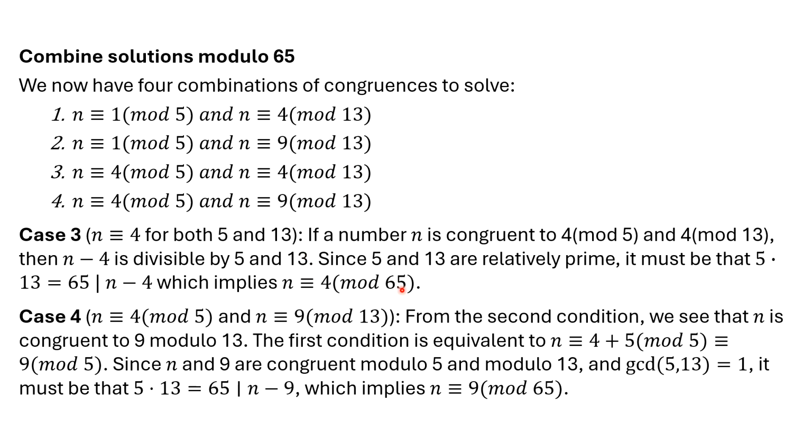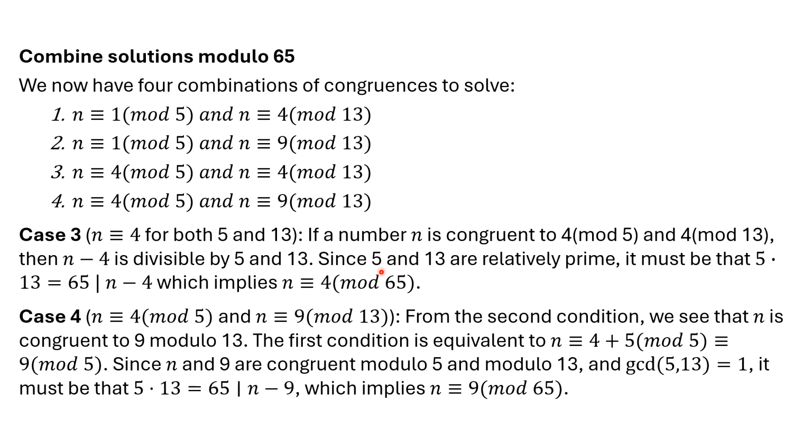And so that gives us that n minus 4 is divisible by both 5 and 13. Since 5 and 13 are relatively prime, it must be that 5 times 13, which equals 65, divides n minus 4, which implies that n is congruent to 4 mod 65. So this gives us an infinite number of solutions.